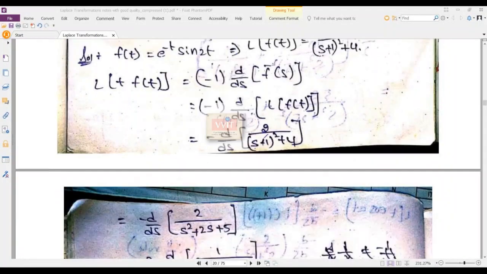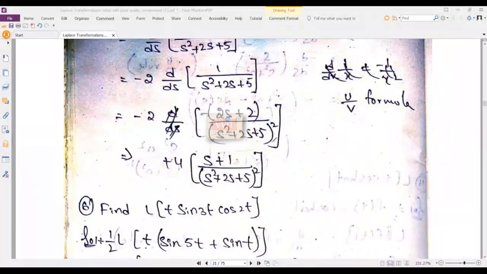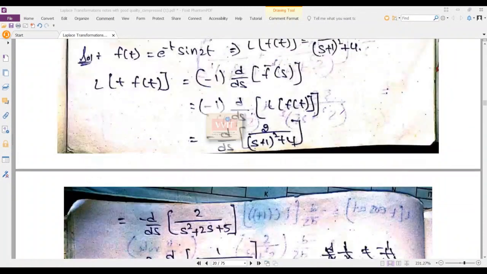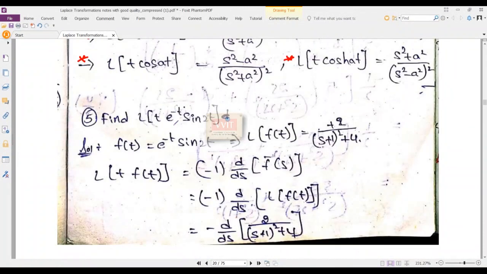Of course, here the problem taken is L of t e power minus t sine 2t. Here I have taken L of t times e power 2t sine 3t.